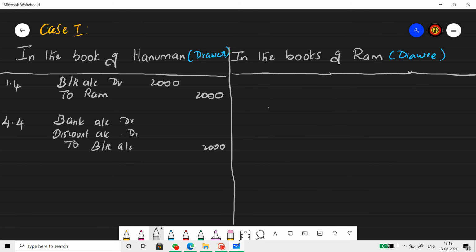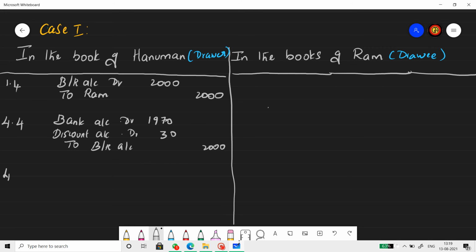So it will be 2000 into 6 by 100 into 3 by 12. So I think that works out to 30 rupees. So Hanuman will receive 1970 from the bank. Narration is being the bill discounted with bank at 6%. I don't have space to write the narration, so I'm not doing it.